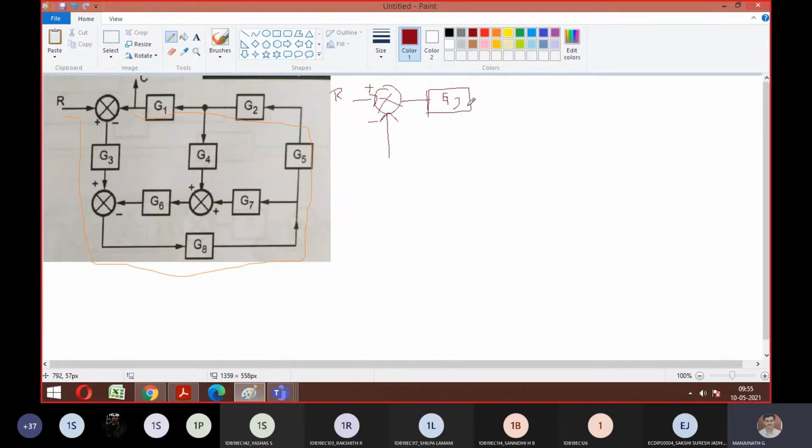Then G3 is followed by one more summing point, this path I'm tracing. The path looking orange, we are tracing as an outline. Here again you can mark plus here, minus here, the same way.